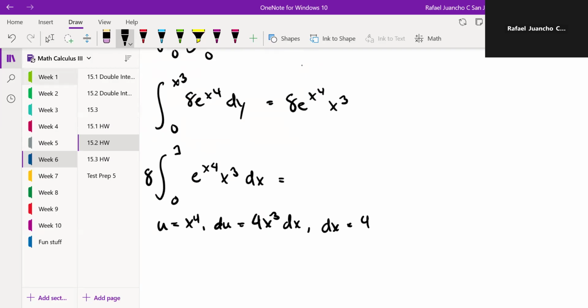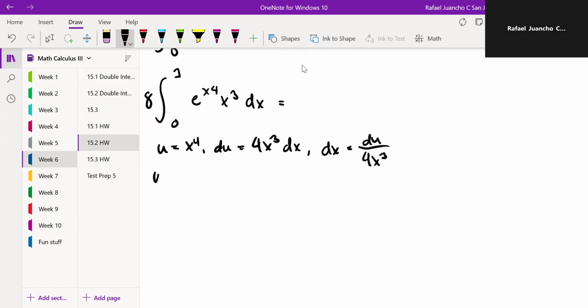Then the dx is du divided by 4x cubed. And then when my x is 0, u is 0. And when my x is 3, u is 3 to the fourth. Was that 81? Very unusual number.